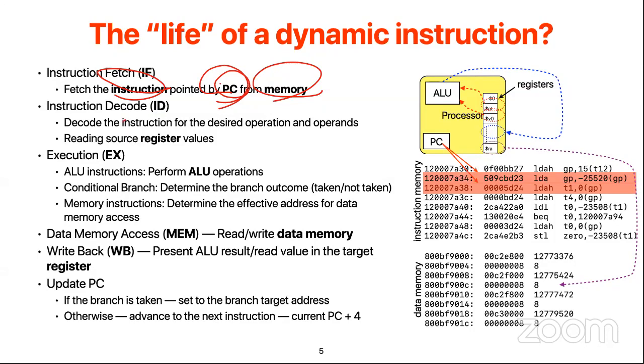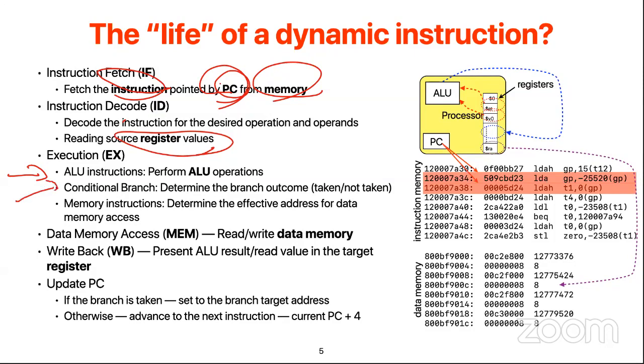So you have to prepare the source values that are already in the registers and make them the input of the next step, which is the execution of those instructions. Depending on what instruction you have, if it's a regular ALU instruction, then it would just use those register values to perform arithmetic and logical operations.